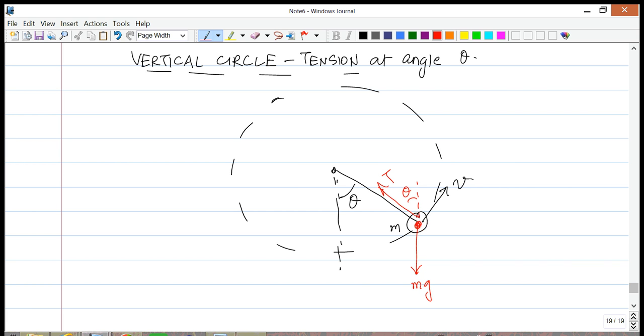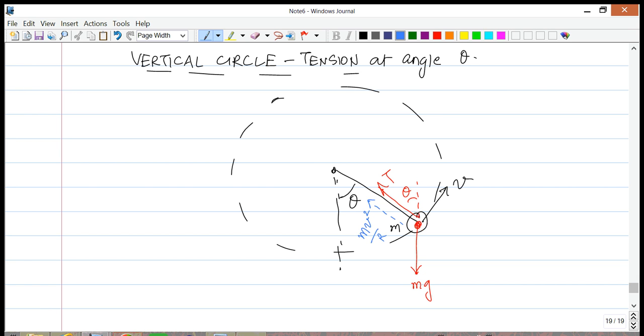Let's first figure out what axis we need to choose. Looking at the accelerations, we'll have an acceleration pointing towards the center of the circle, which is mv square over r, and we could have another acceleration along the tangent.